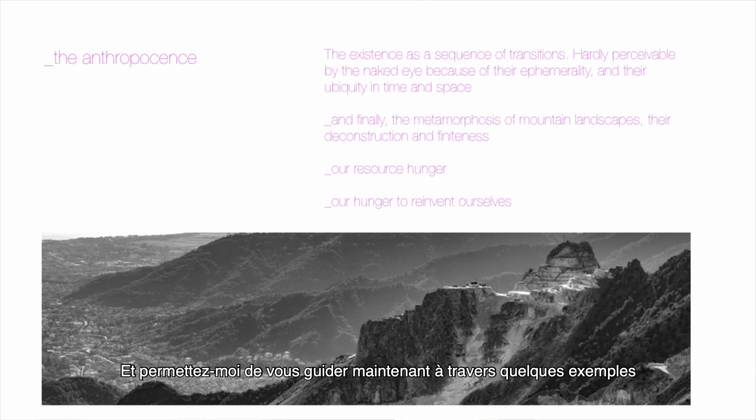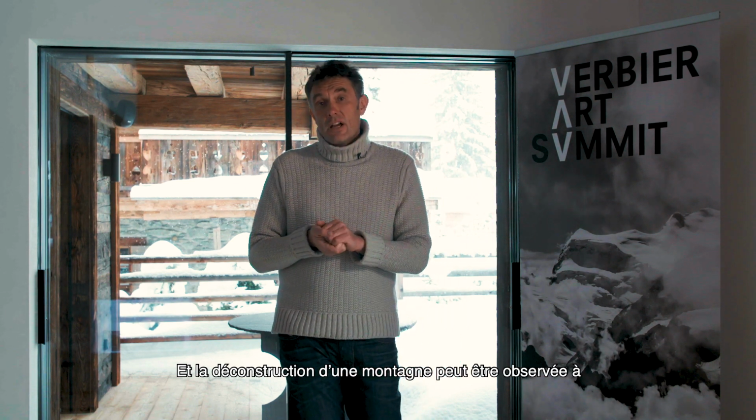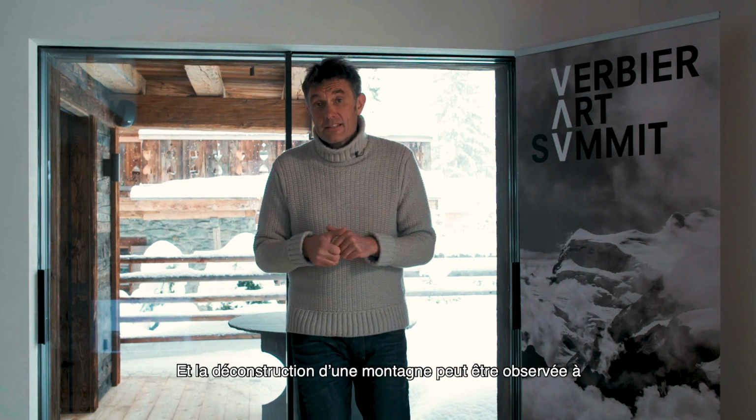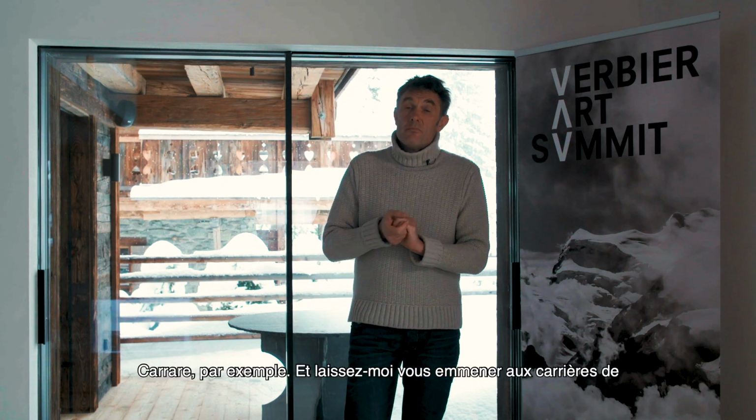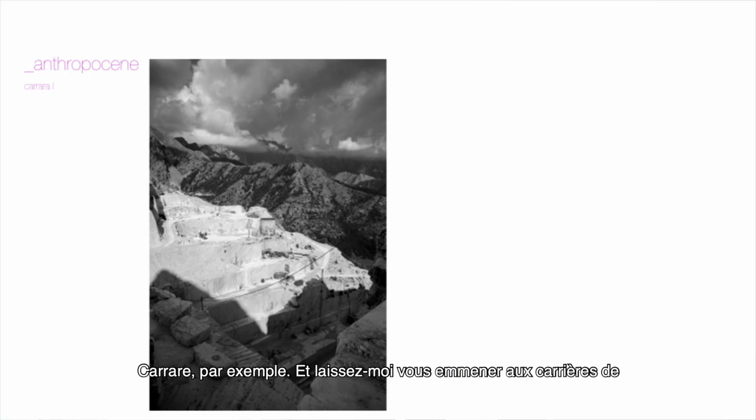And let me guide you now through a couple of examples, which I would call the epitome of the Anthropocene, and that's basically the deconstruction of a mountain, right? The deconstruction of a mountain can be observed in Carrara, for instance, and let me take you now to the marble quarries in Carrara.